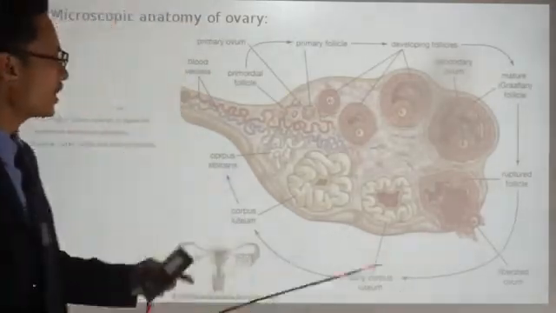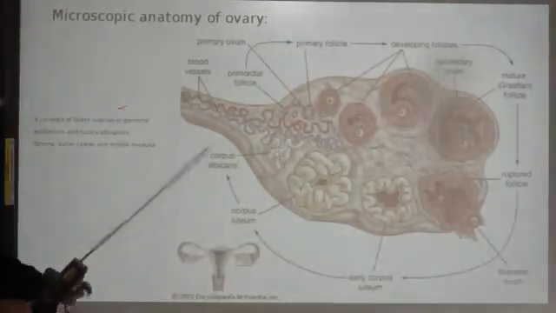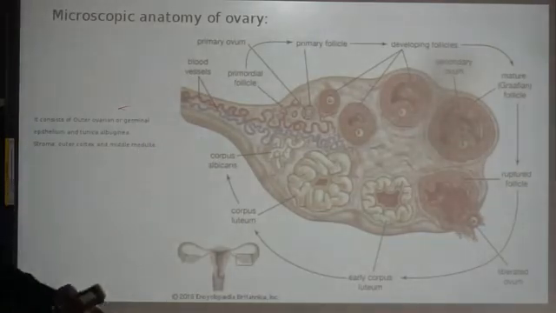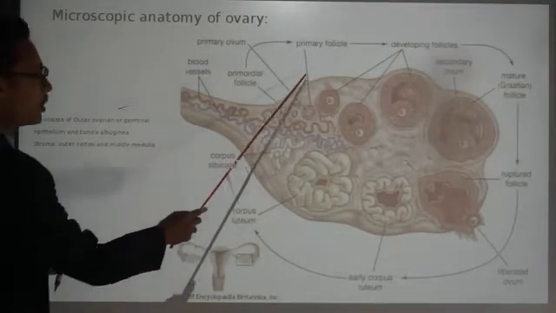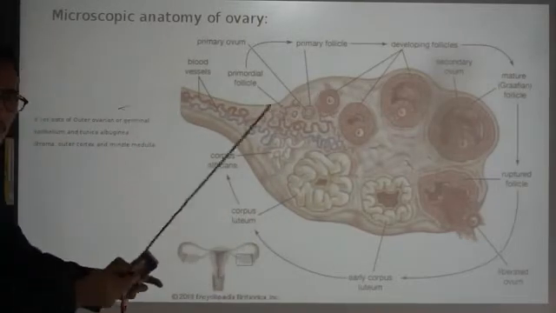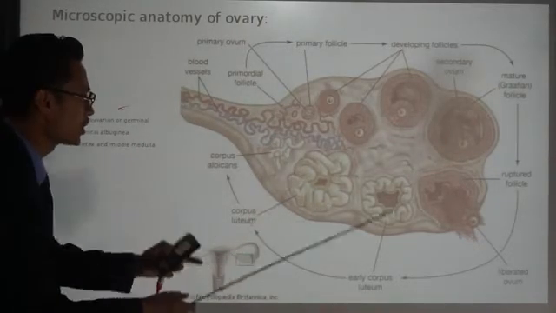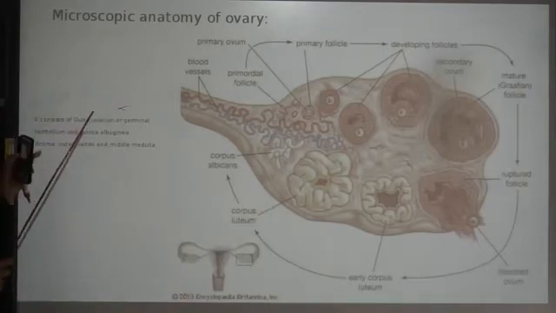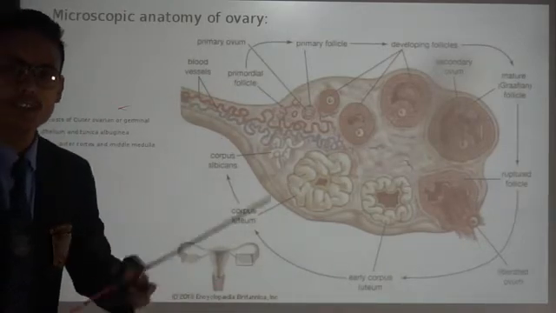Alright. So the first one, when we look into the transverse section of the ovary, what we observe is the outermost covering of the ovary, which is called the ovarian epithelium or the germinal epithelium.